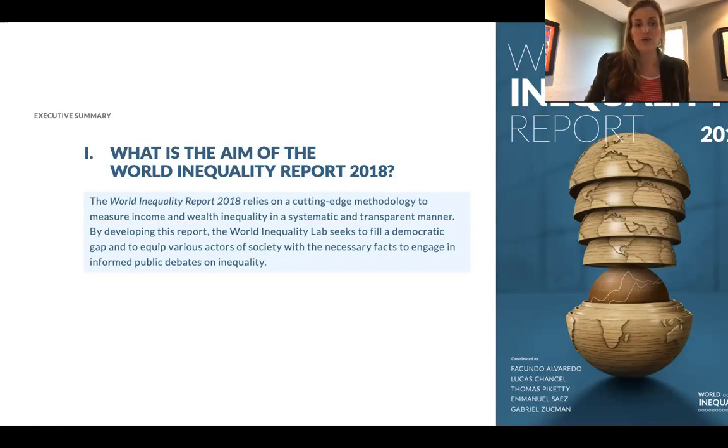By developing the report, the Inequality Lab seeks to fill a democratic gap and to equip various actors in society with the necessary facts to engage and inform public debates on inequality. So as you read in the executive summary, the goal of this report is not to create some consensus. And I want to ask you the question, why would it be so difficult to reach a consensus on global inequality?